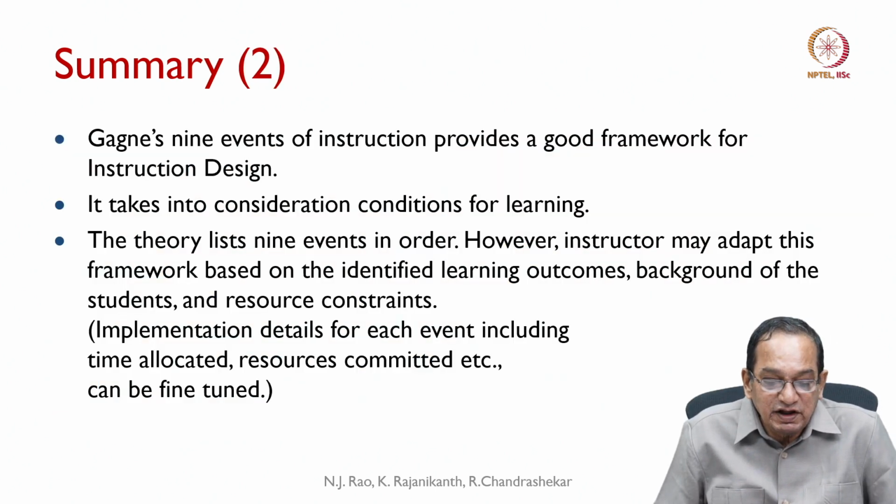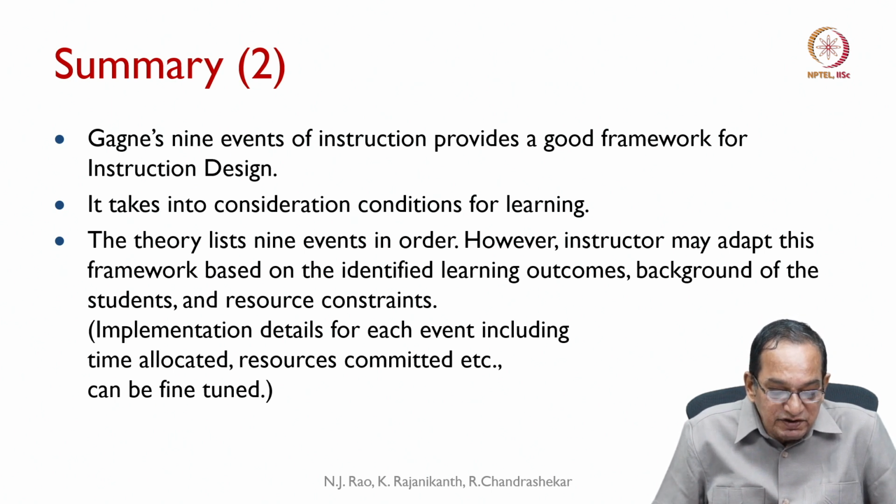So, Gagne's 9 events of instruction provide a good framework for instruction design. It takes into consideration conditions for learning. The theory lists 9 events in order. However, the instructor may adapt this framework based on the identified learning outcomes, background of the students, and resource constraints.